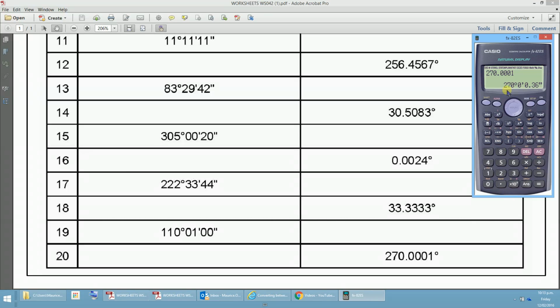So the 1 in the fourth decimal place there probably represents about 0.36 of a second, and this can cause all sorts of rounding issues.